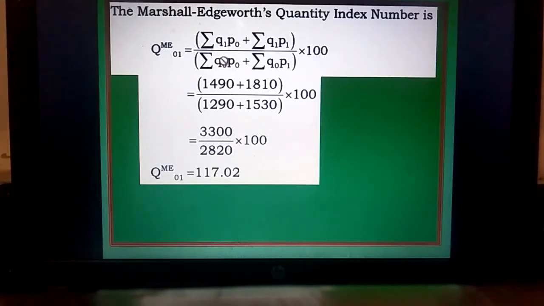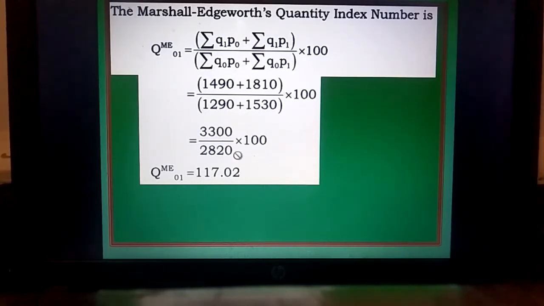Similarly, when we write it: sum of Q1 P0 plus sum of Q1 P1 divided by sum of Q0 P0 plus sum of Q0 P1, multiplied by 100. I had already cautioned you, this plus is separate for numerator and denominator. Don't write a single plus in between these ratios.